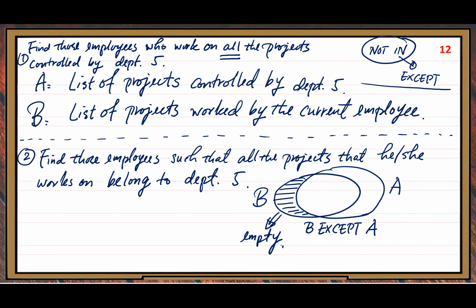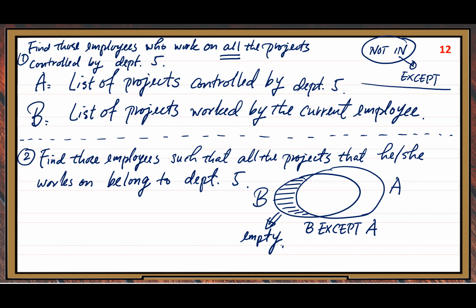So in the pool of B set, first we get all the project list worked on by the current employee. That's easy, that's the whole B set. Then, because we want to represent that all these projects are controlled by Department 5, part of Department 5.